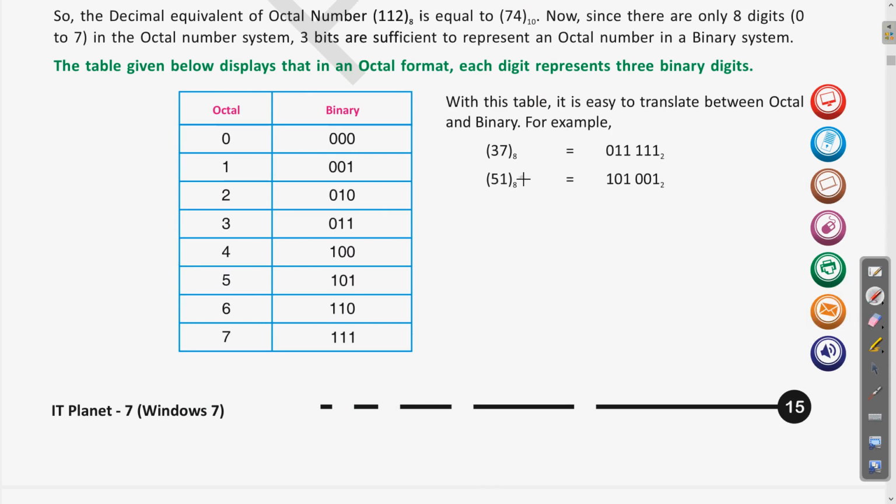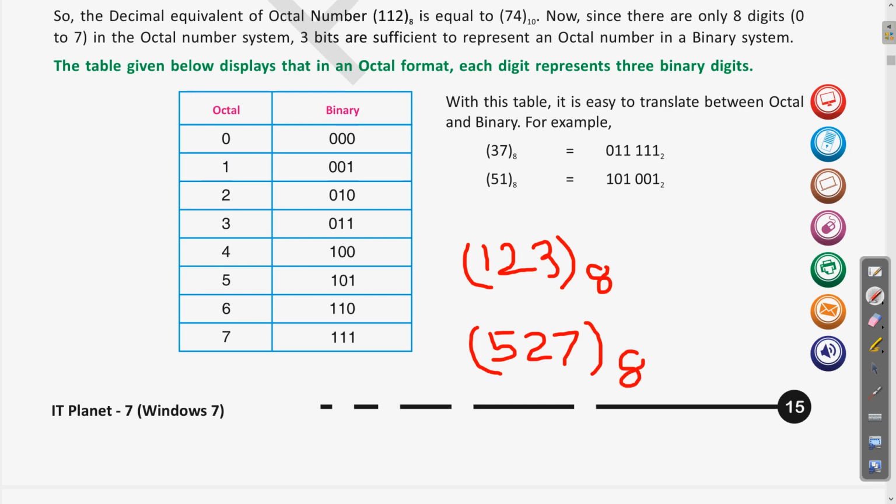Suppose I write 123, so write this 123 in binary. And one more, 527. You can write these using the power of 2 method, or by successive division. Clear? So these are the 2 questions as homework.